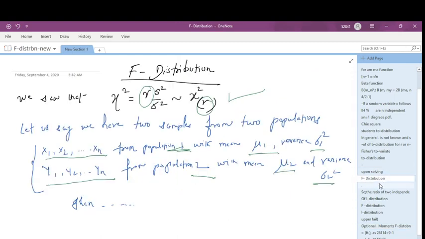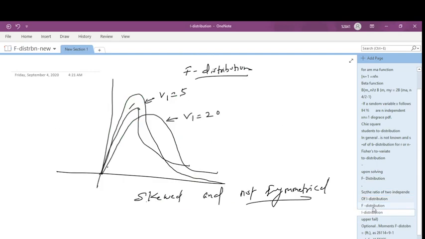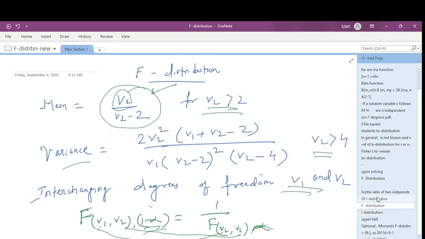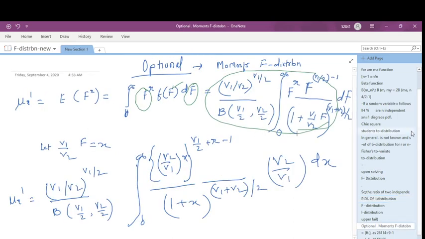This is the Fisher distribution probability density function. So we have put this here, and to solve it, you take nu1 by nu2 times F equal to x. So this is the way to solve this.